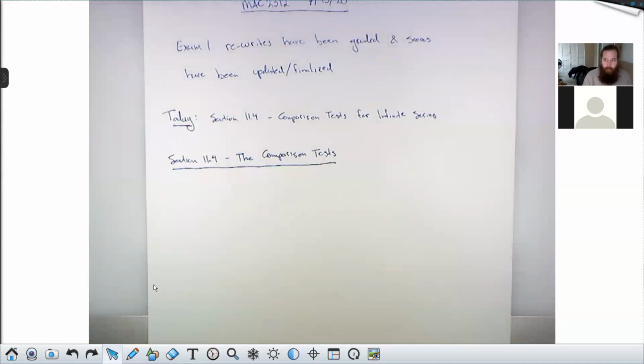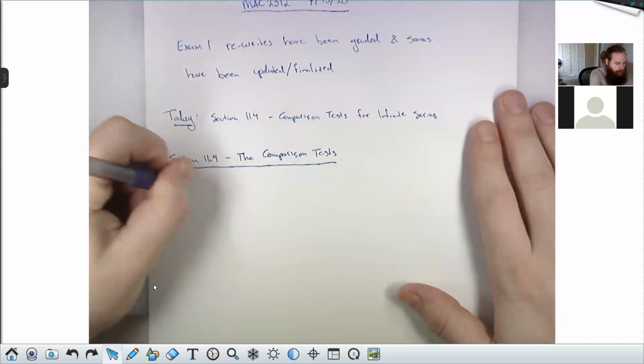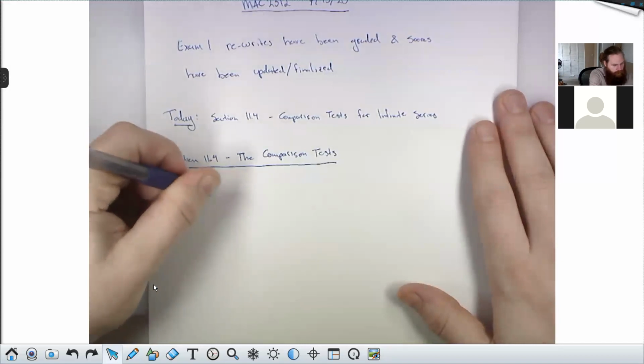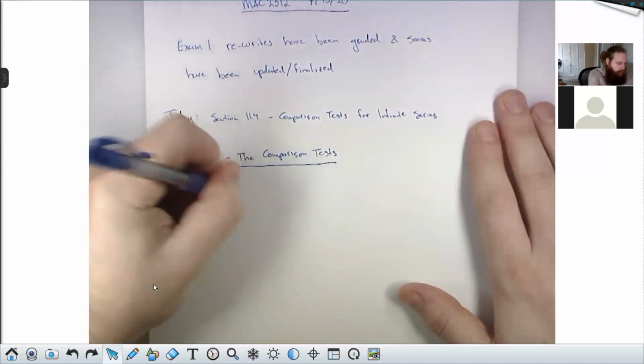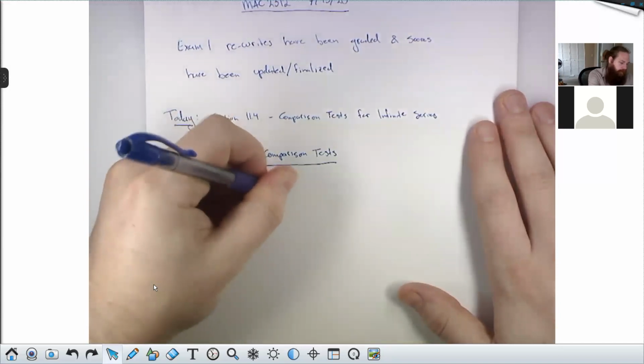We have the test for divergence, we have the integral test, and now we have the comparison test. And those are in addition to what we know about geometric series and what we know about telescoping series. The first one we're going to talk about here is called the direct comparison test.